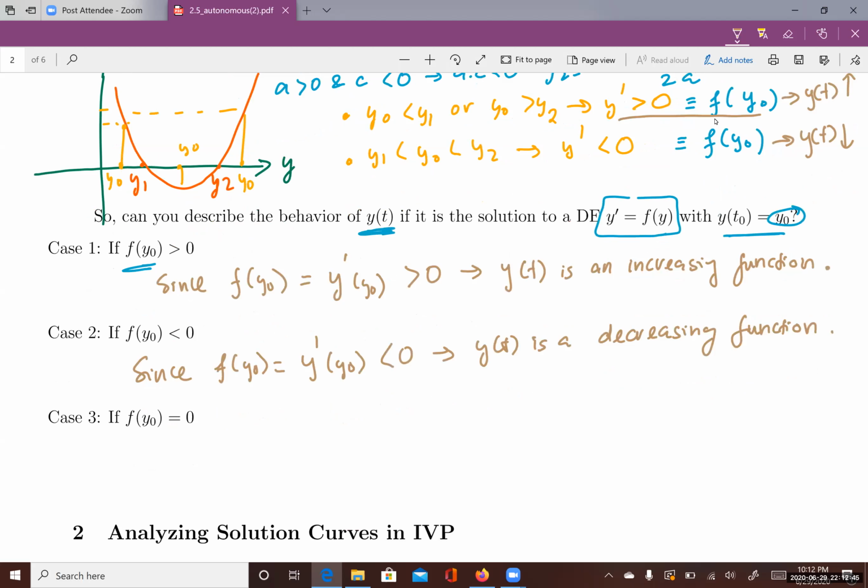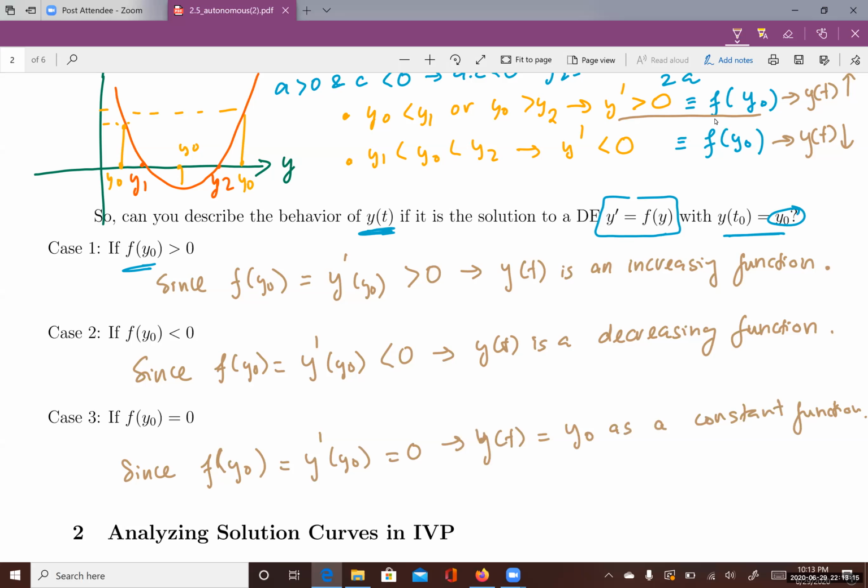What about when f of y equals 0? If f of y equals 0, then the derivative equals 0. If the derivative equals 0, that means y of t is a constant function, y of 0 as a constant function.